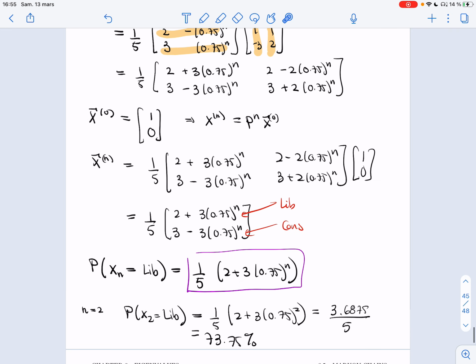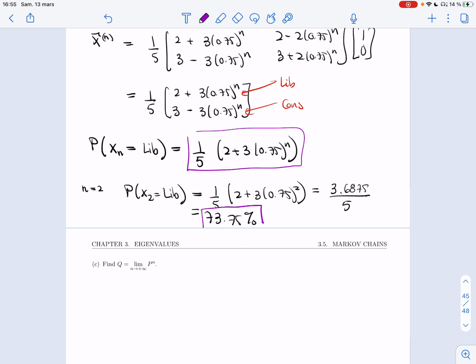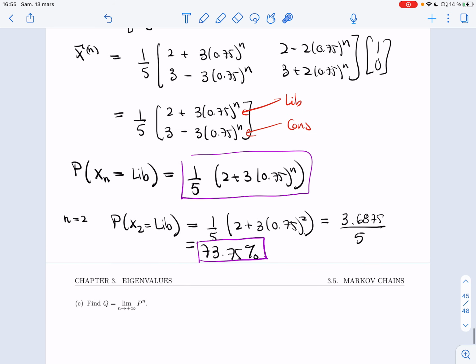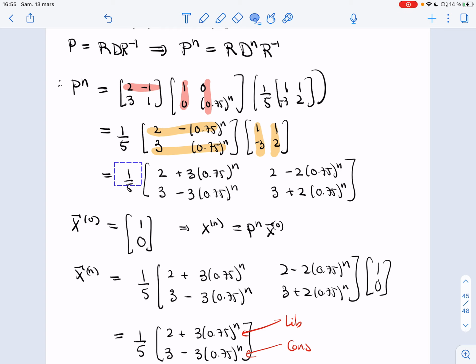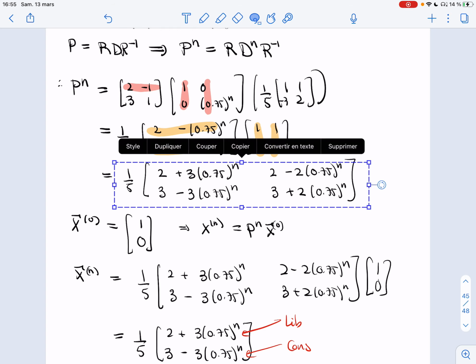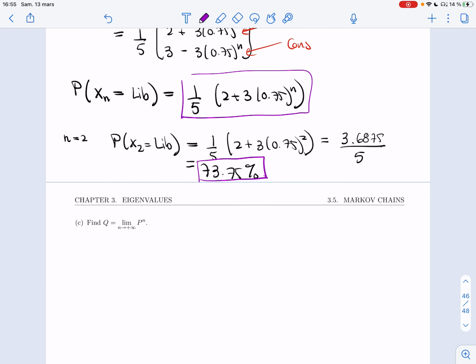All right, so we have all the answers at once. We have a nicer way of computing it. And then what we'll do afterwards is really impossible unless you do this. All right, so I want to find Q, which is the limit of the Pn.